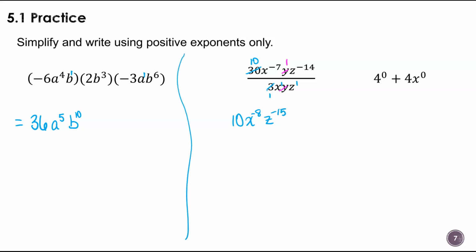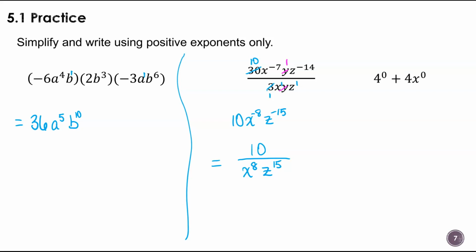And then we can write this in simplified form because you don't leave negative exponents. Notice it says simplify and write using positive exponents only. So you can't leave the negative exponents in your answer. This would be 10 in the numerator because 10 has a positive 1 exponent over x to the 8th times z to the 15th.